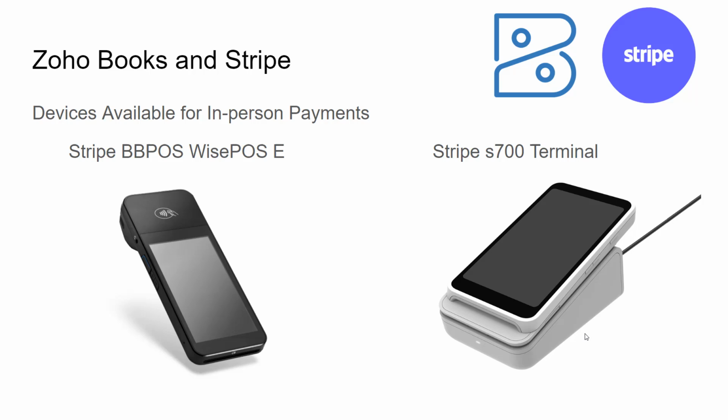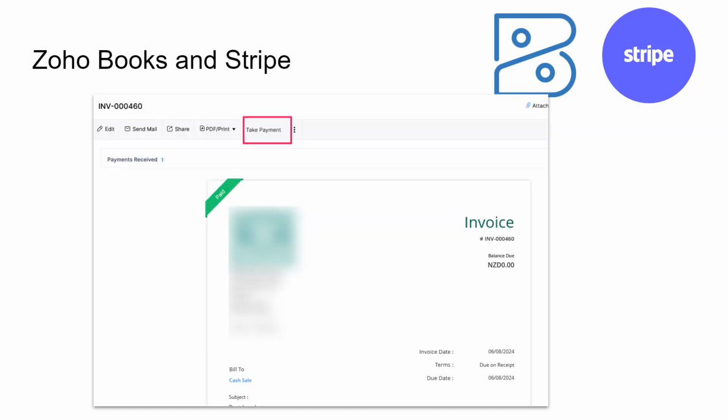So that does mean that Zoho can send script to them, Deluge script, and send the amount required to them. Both these devices use Wi-Fi, and as long as you're connected to a network, this will basically work. They also work on batteries, so technically they can be taken outdoors and used as well.